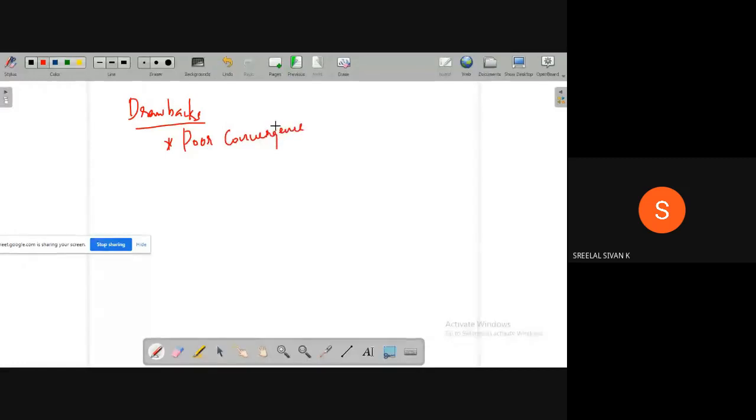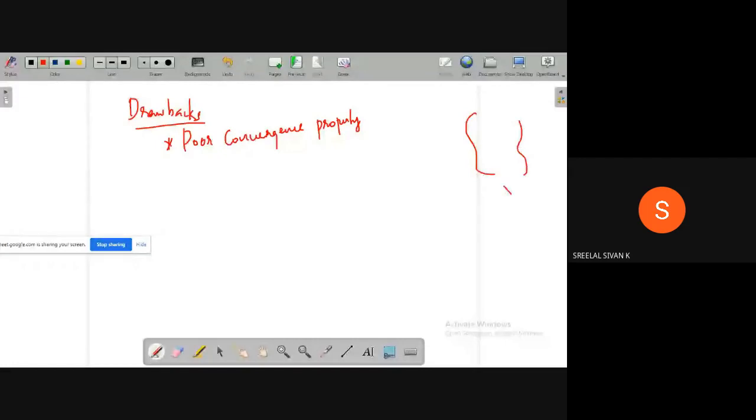This indicates that if you are not getting an object from that image perfectly, that means the boundary is not fixed well, and if you have a lot of isolated points and edges, it is very difficult to refine that particular boundary. In the extracted image, if a lot of isolated points are there, it is very difficult to find those points and converge the snake. So that is known as poor convergence property.